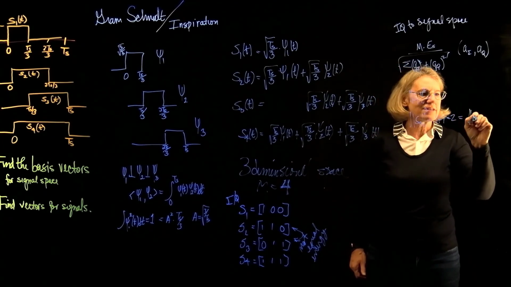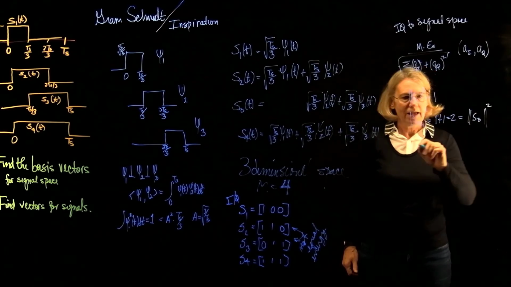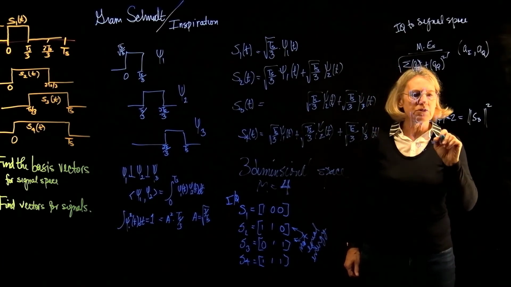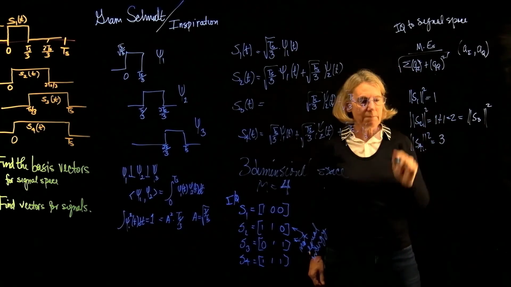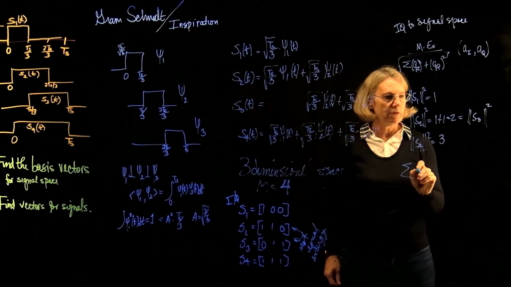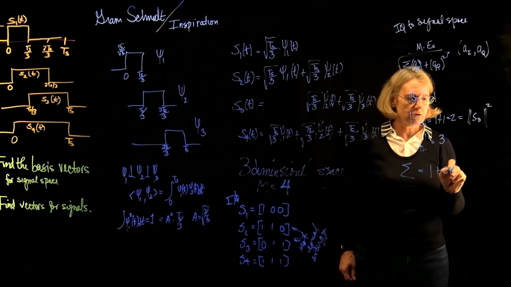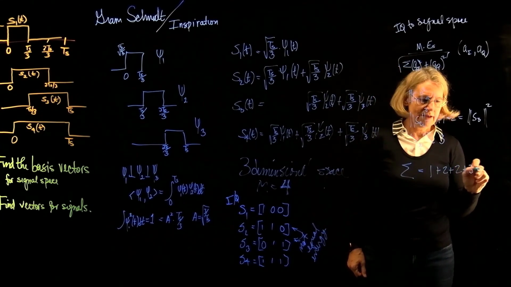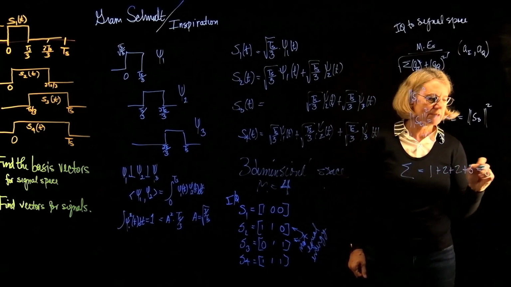That's the same as S3. And S4 would be equal to 3. Now if I did this summation, I would get 1 plus 2 plus 2, because there are 2 of these, plus 3, and that gives me 8.